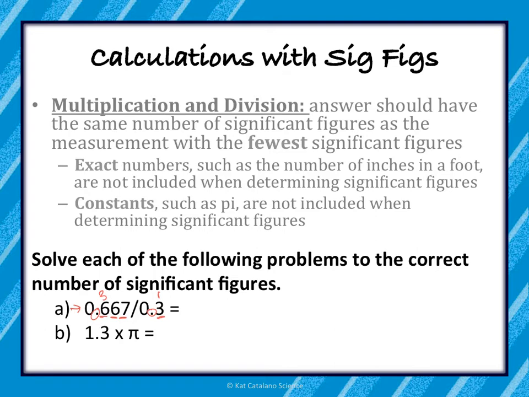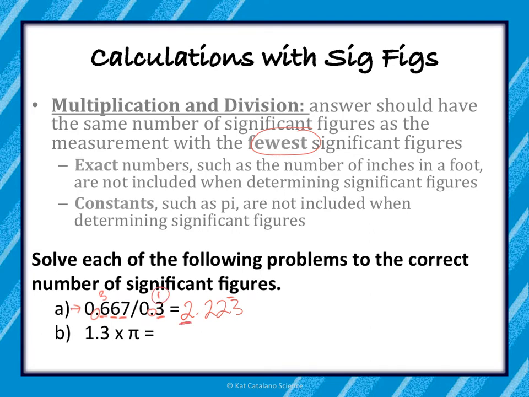Now I need to do a little bit of math. So 0.667 divided by 0.3 is equal to about 2.223, and that 3 is repeating. Now, I know that my answer needs to match the fewest number of significant figures. So in that case, that's going to be 1 sig fig.